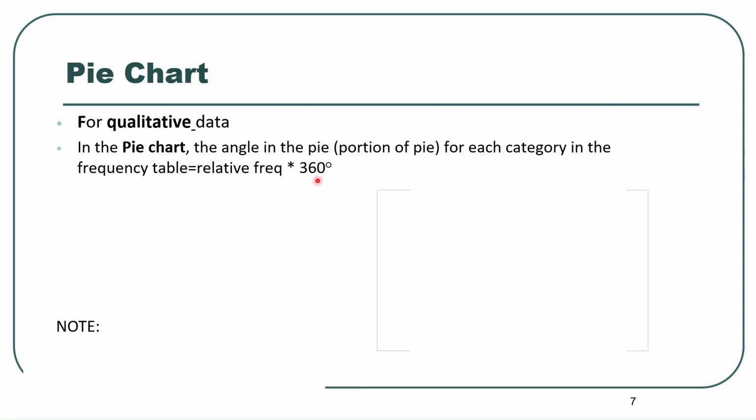So multiply that by the relative frequency of each class. You will be able to know what is the angle of each portion that will be related to which class.